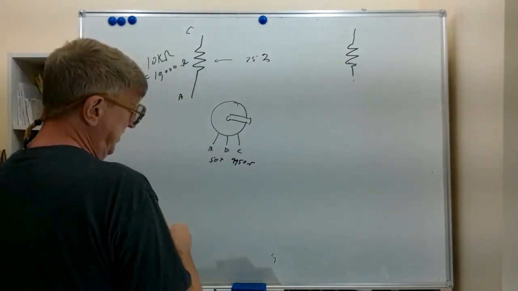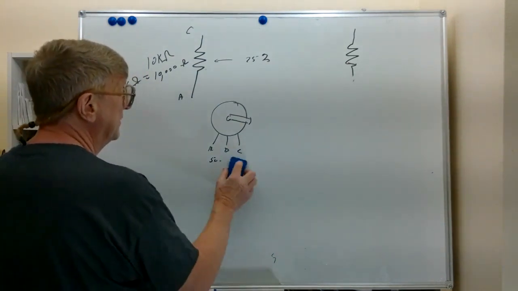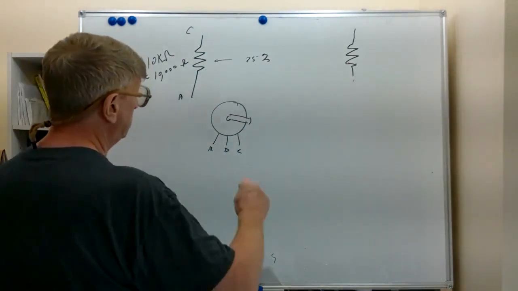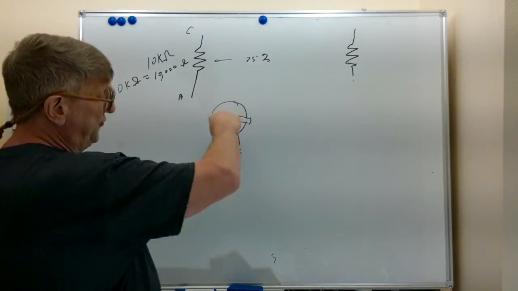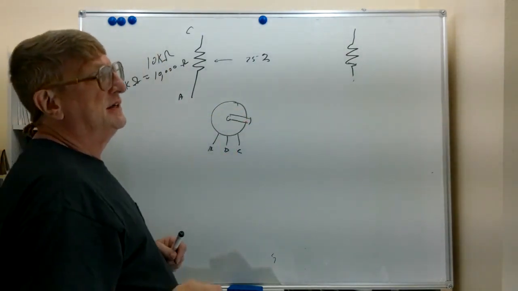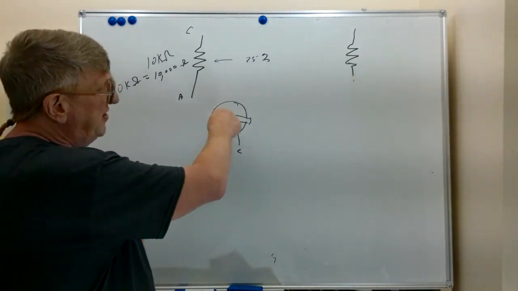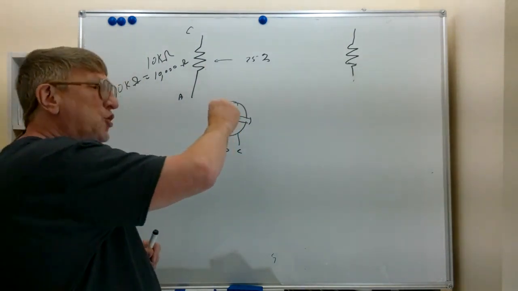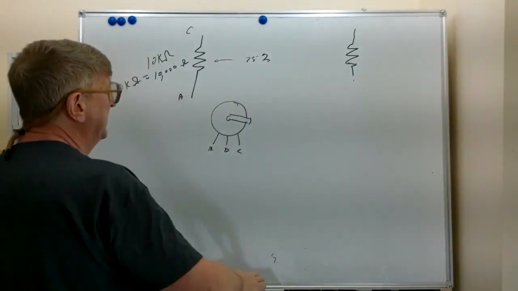And what happens with the audio taper, as you move it further and further from minimum to maximum, is the resistance changes more for each degree of movement on the shaft.